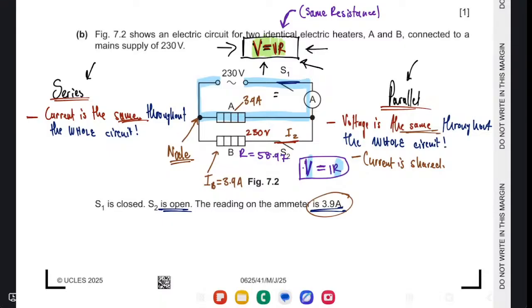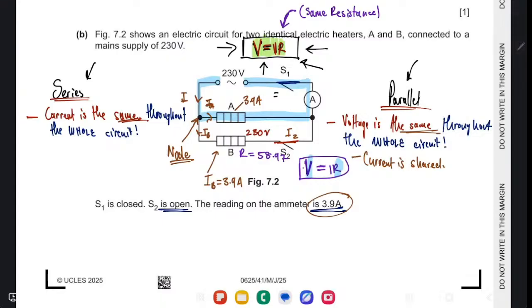Now, at a node, current shares itself out. So some will come here, which is called IA, and some will come down, which we'll call IB. Because it's a node, it came as one current here, but it will share itself.